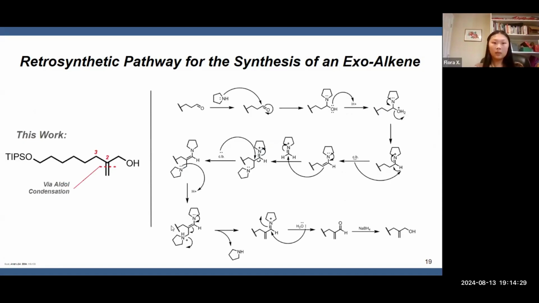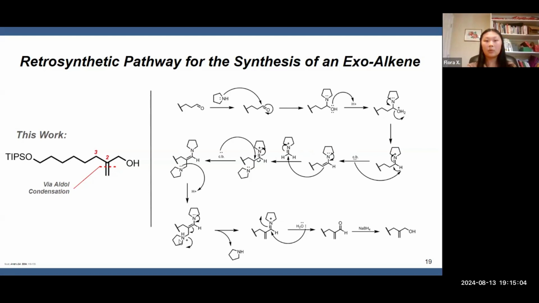We were able to design this route through, as I was saying earlier, a bit of retrosynthetic analysis, where this bond, this methylene bond, is formed via aldol condensation. You can see on the right side of the screen the mechanism, where the pyrrolidine acts as a catalyst to form this very good electrophile and this not so good nucleophile, which forms this complex over here.